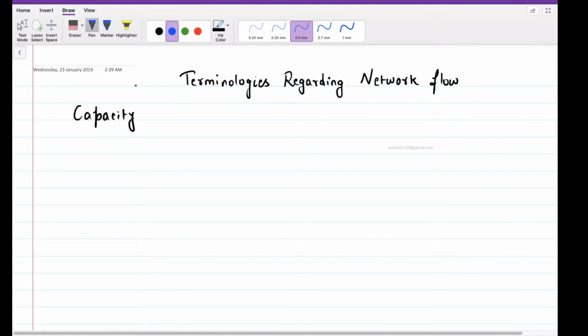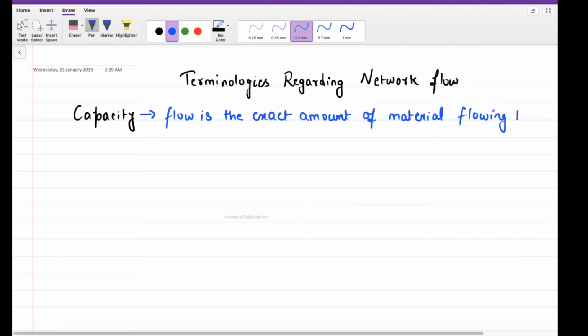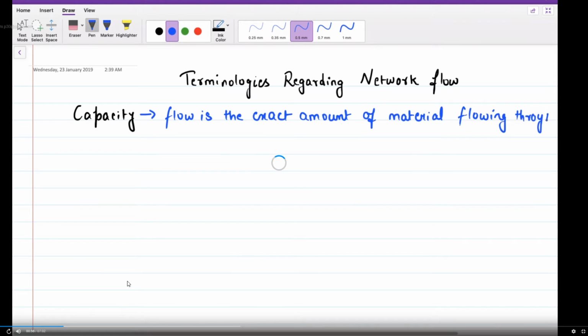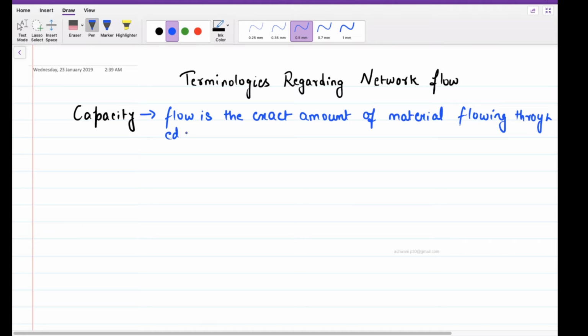Capacity of an edge is quite a different concept than the flow, as flow is the exact amount of material flowing through the edge, whereas capacity is the maximum amount of material that can flow through that edge.